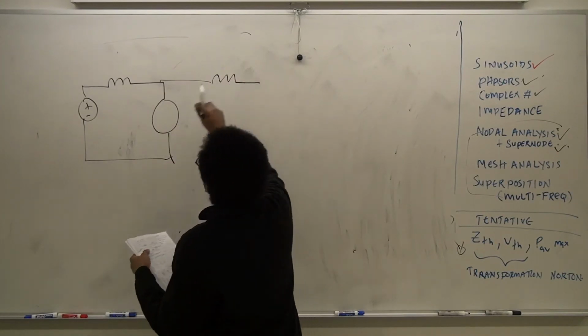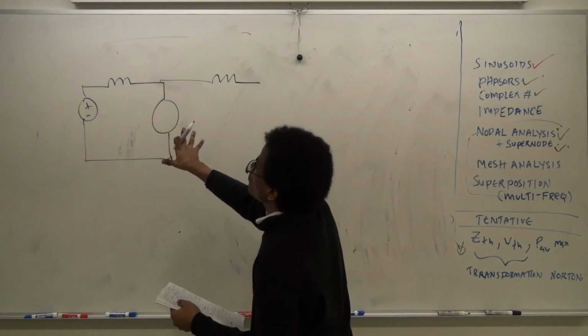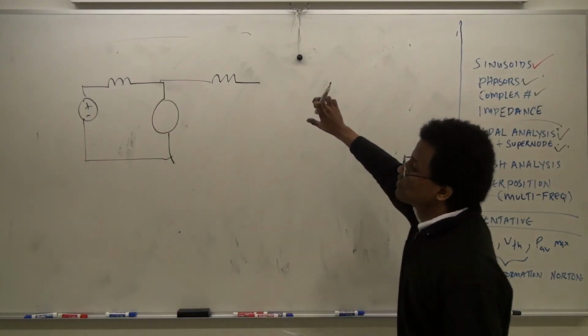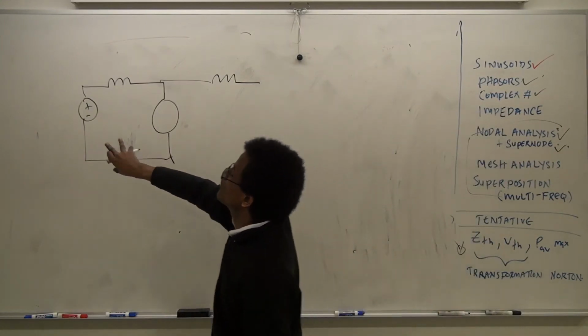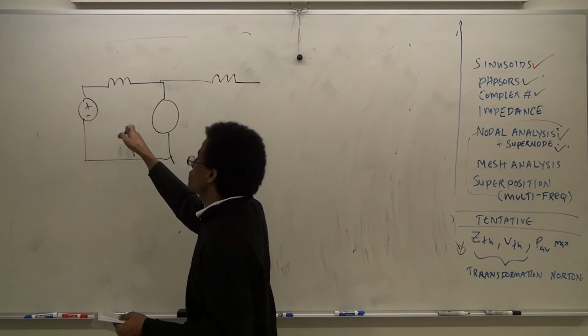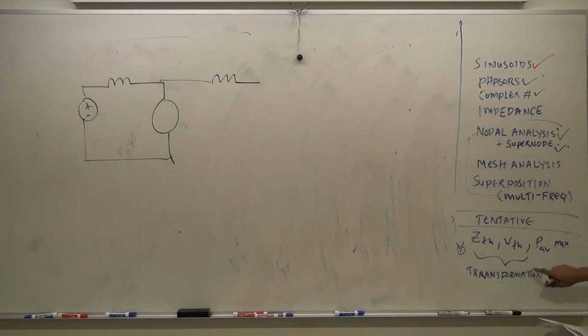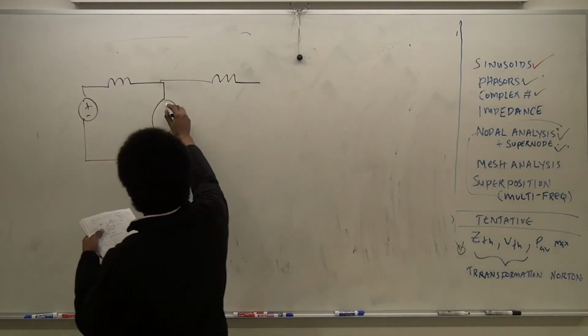You're supposed to have an independent voltage source with resistors in series to start the conversion, or an independent current source with a resistor in parallel. But that may not be the case. You could have a problem that does not have that.